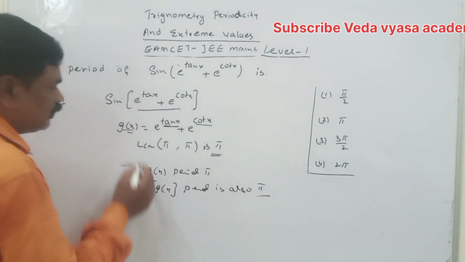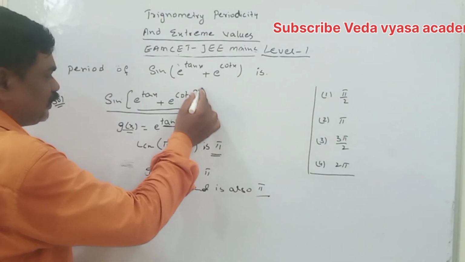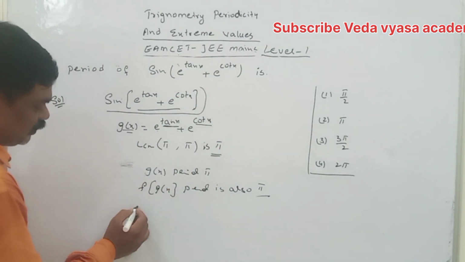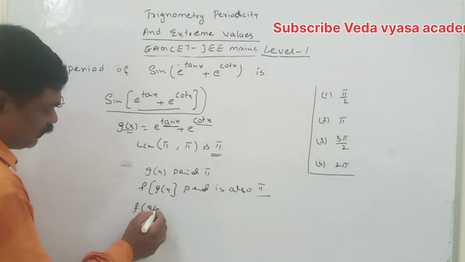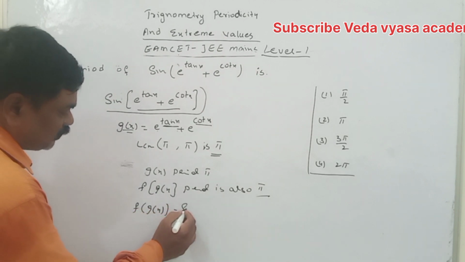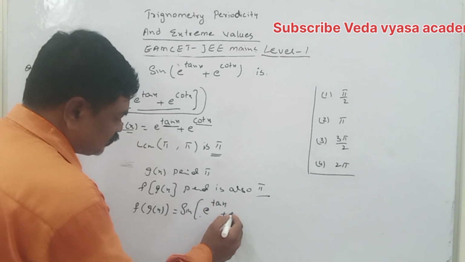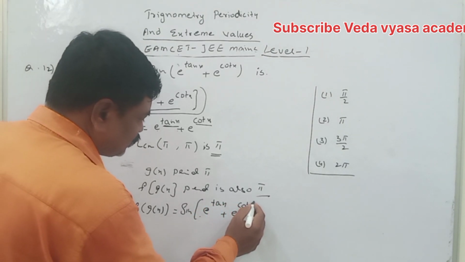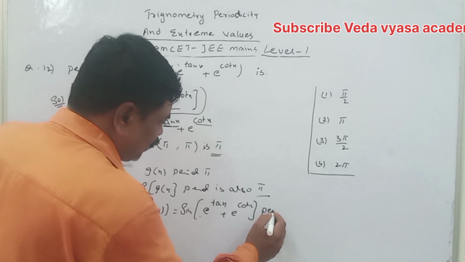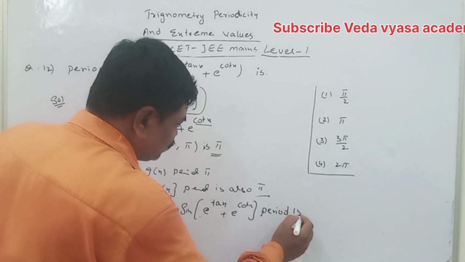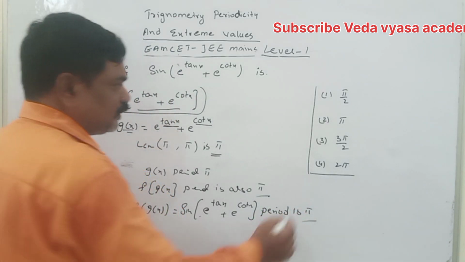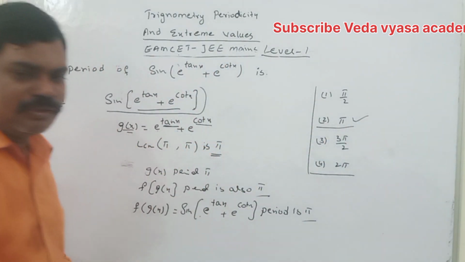So sine of e power tan x plus e power cot x has period pi. So we have option 2 as the answer.